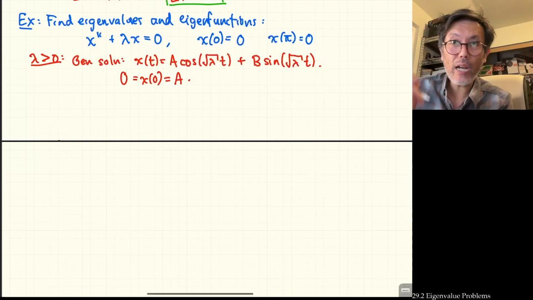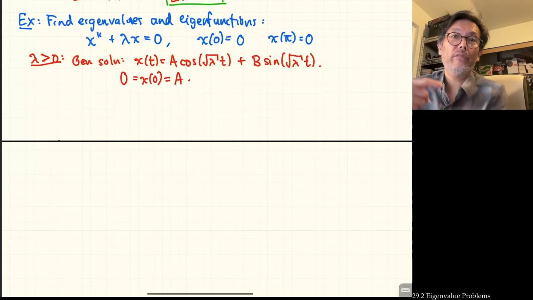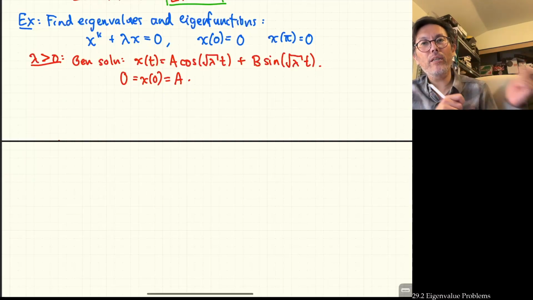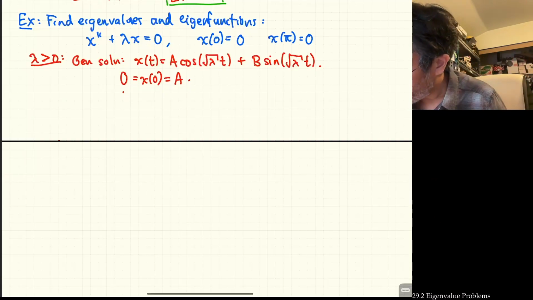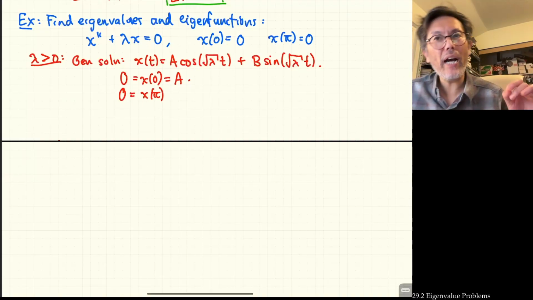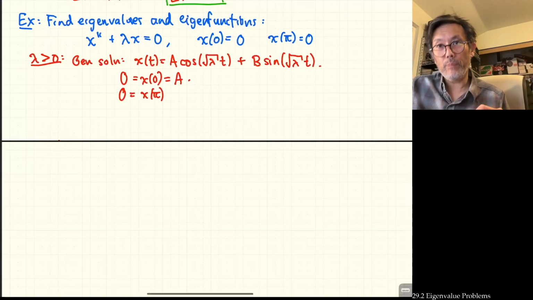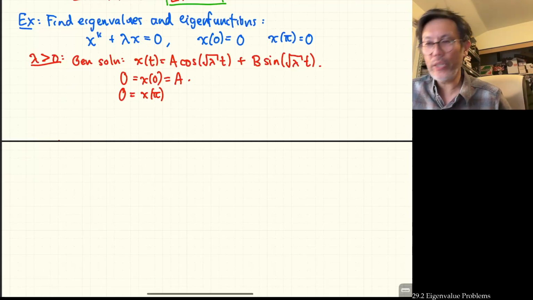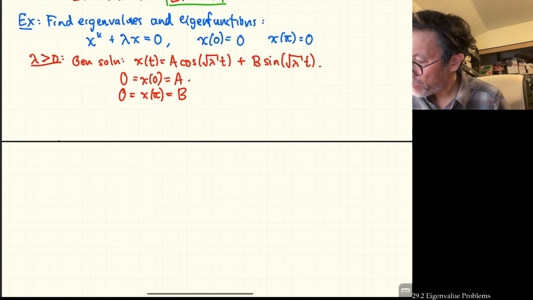If we're going to satisfy that first boundary condition, then a must be 0. Cool. Let's look at the second boundary condition, that x of pi is 0. Let's plug in pi, using the fact that a is 0. We get b sine of square root of lambda times pi.